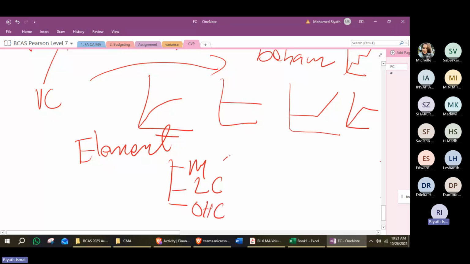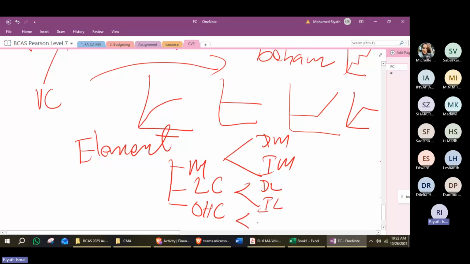Material cost again we divide into direct material and indirect material. Labor cost also into direct labor and indirect labor.